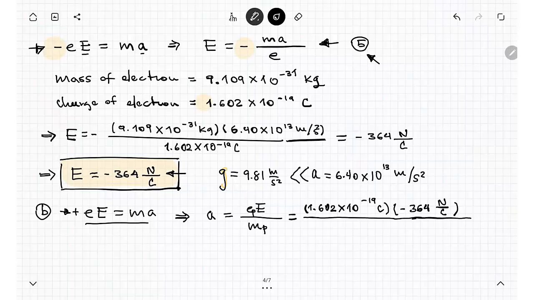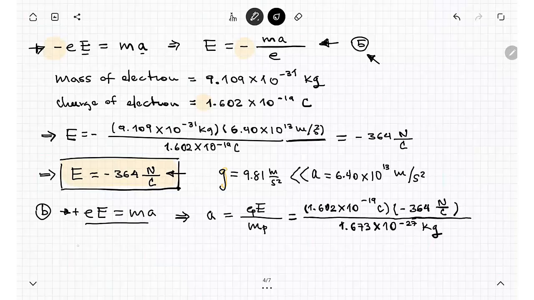The mass of the proton is different and is, by definition, 1.67. You can google it or look in the books, and you will find that the mass of the proton is 1.673 times 10 to the minus 27 power kilograms.